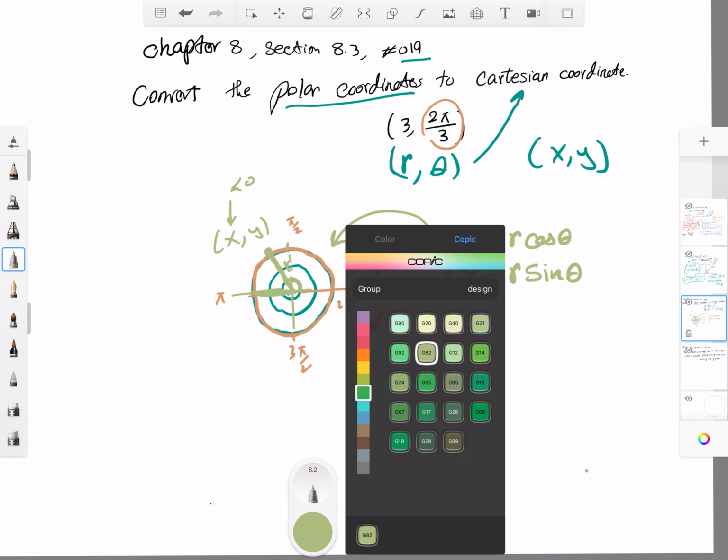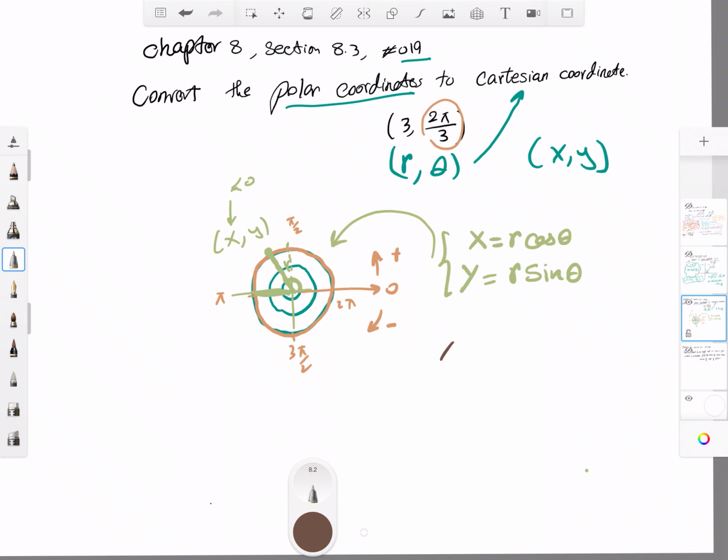All right, so we have x equal to 3 cosine of 2 pi over 3. Cosine of 2 pi over 3 is negative 1/2. How do I know this? From the unit circle.